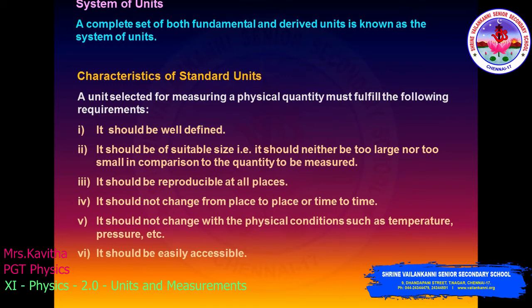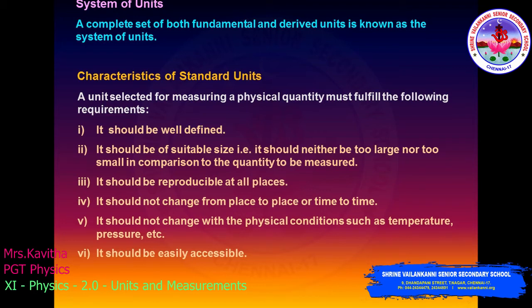That is, it should be neither too large nor too small in comparison to the quantity to be measured. It should be reproducible at all places, and it should not change from place to place or time to time, right? It should not change with the physical conditions such as temperature, pressure, like that, right? It should be easily accessible, we can say, and it should be acceptable also.